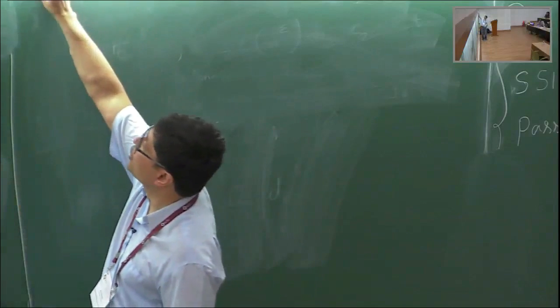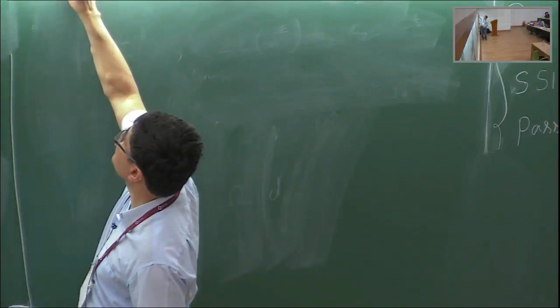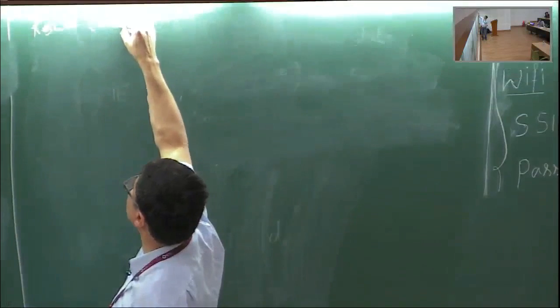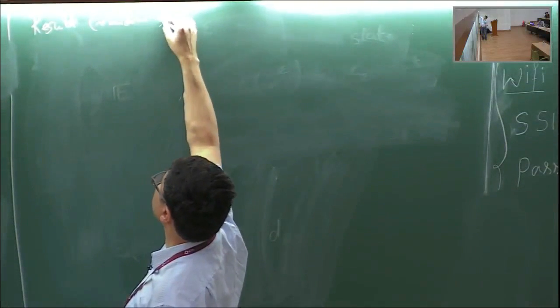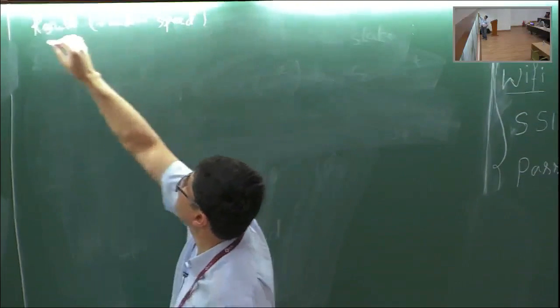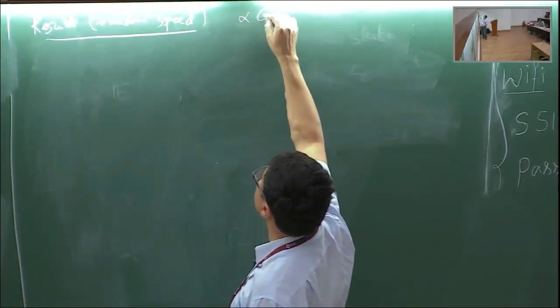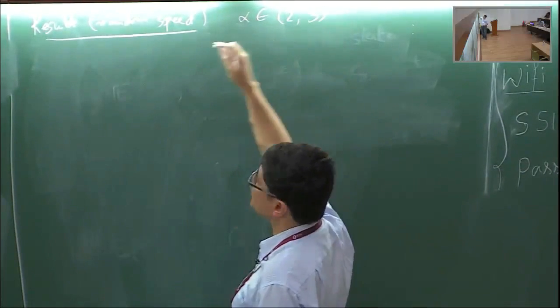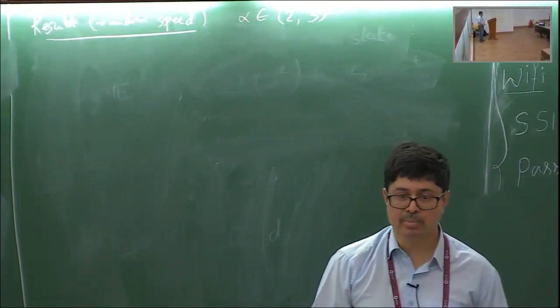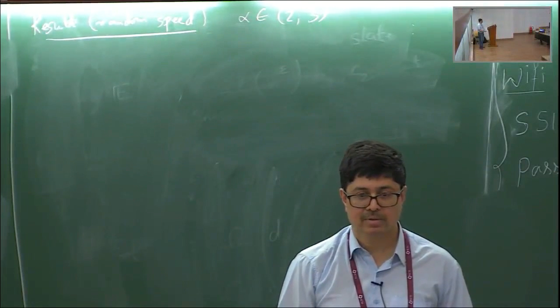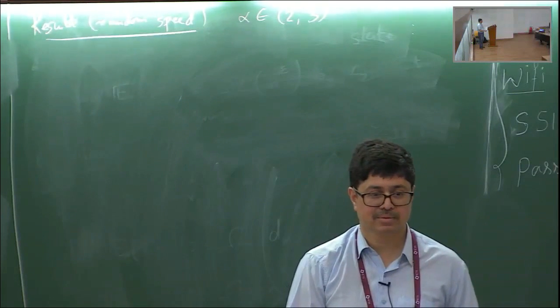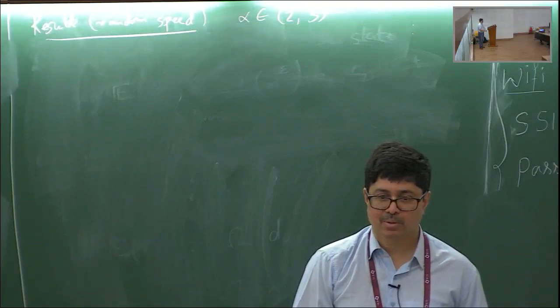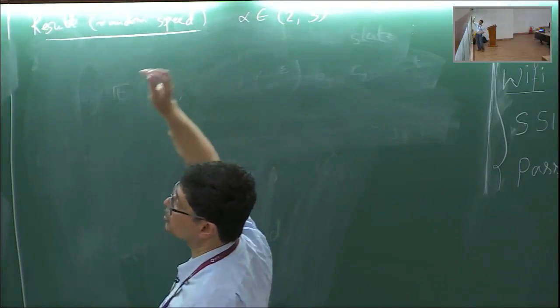So what do you expect is going to happen with random speeds? Again, alpha is still between 2 and 3. Is it going to become a bit fairer or a bit more unfair? Okay, something interesting happens.